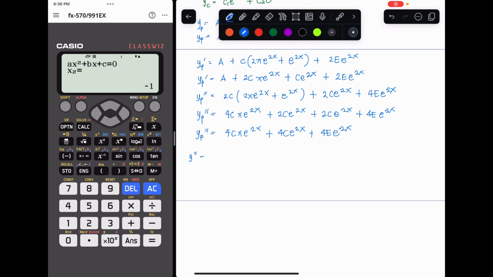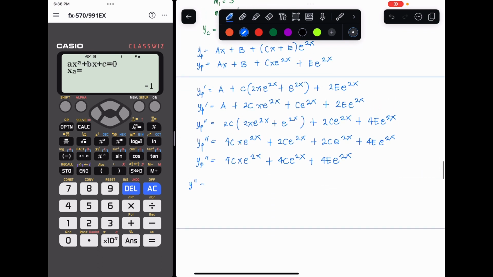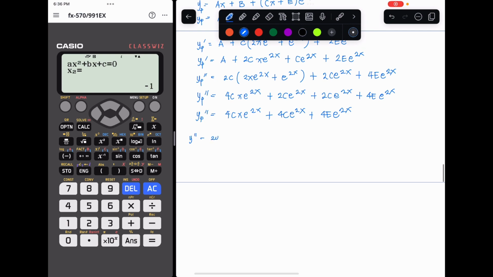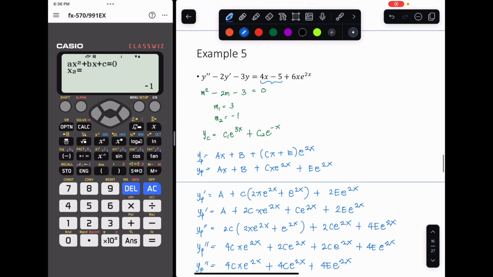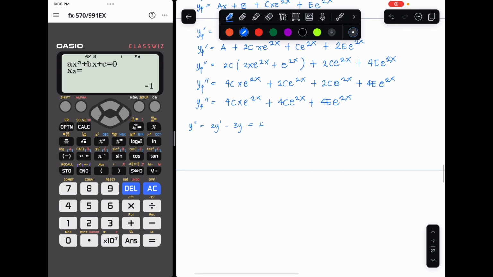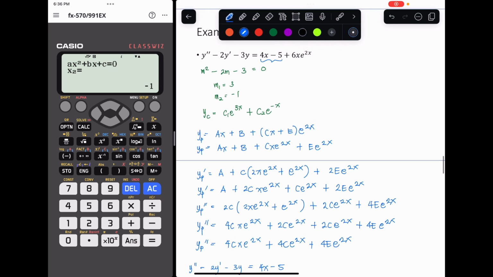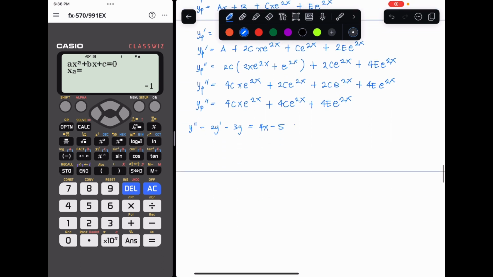Y double prime minus 2y prime minus 3y is equal to 4x minus 5 plus 6x e2x. And we substitute, so I'm just going to copy y double prime.